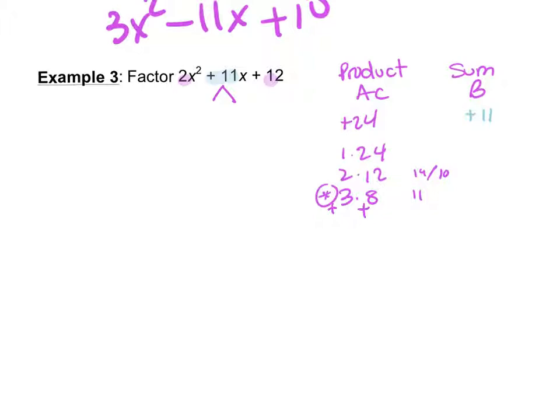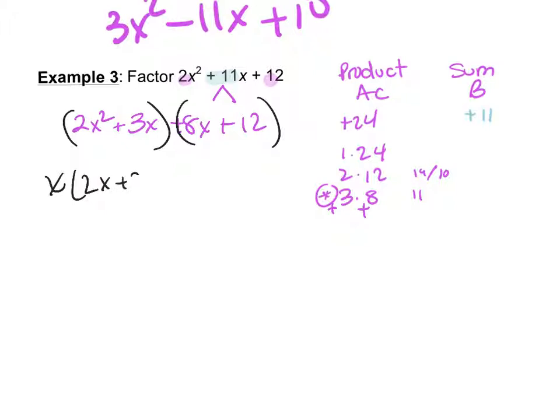That is the expansion of the middle term. 2x squared, expand out the 11x, so that's plus 3x plus 8x plus 12. Factor by grouping: factor out the x, you're left with 2x plus 3. Factor out 4 from the 8x and 12 terms, and you're left with 2x plus 3.